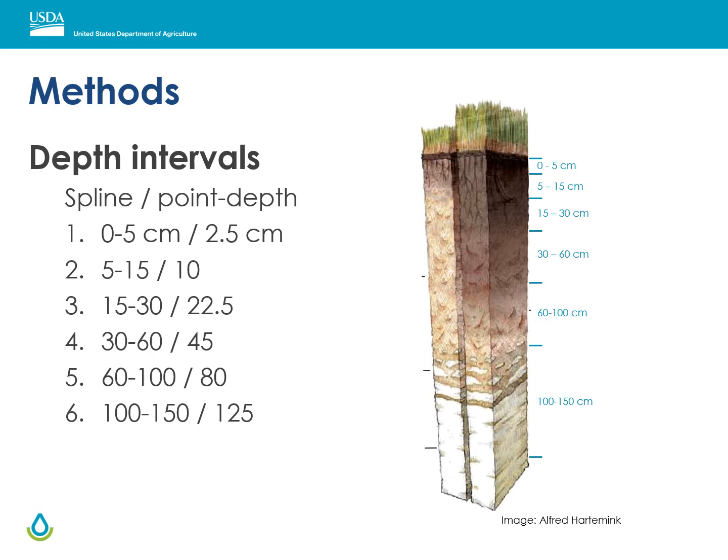So training data for the spline was generated using property values averaged over the depth intervals shown on the left, and training data for the point depth approach was generated using measured property values from sampled genetic horizons that contain the midpoint depth of each interval.